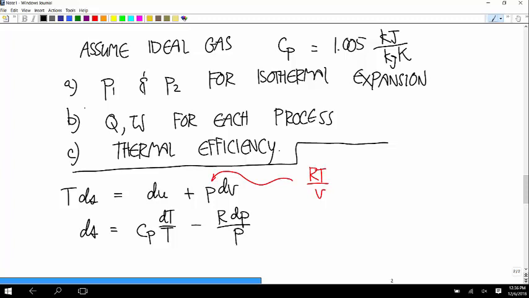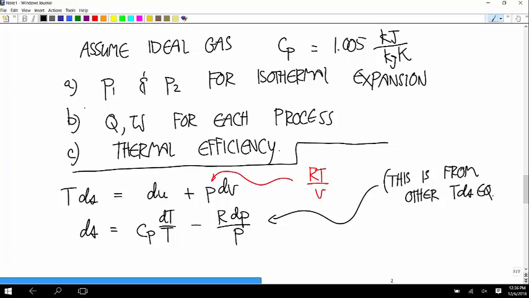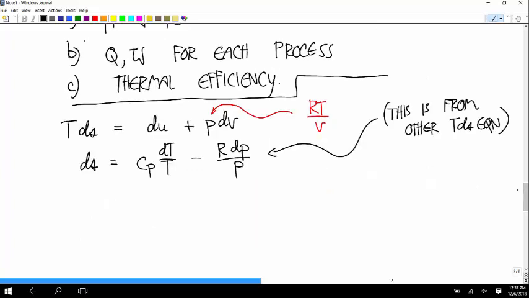Right, you're right. So this is actually from the other one. Okay, and now we're going to integrate this, and it's isothermal.